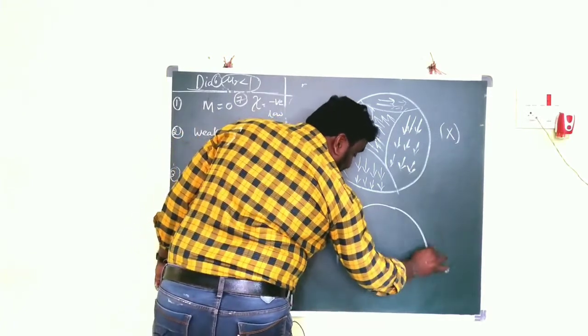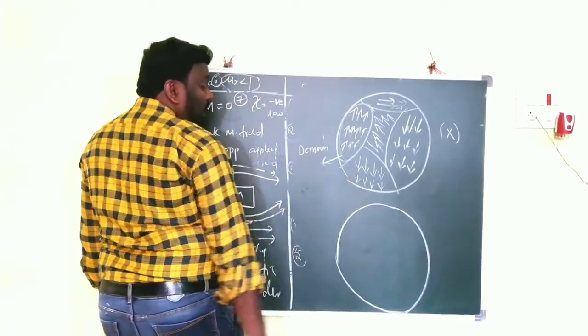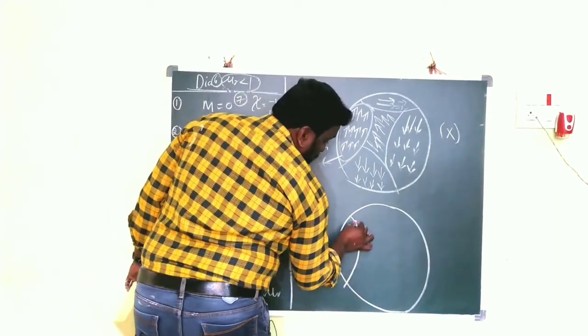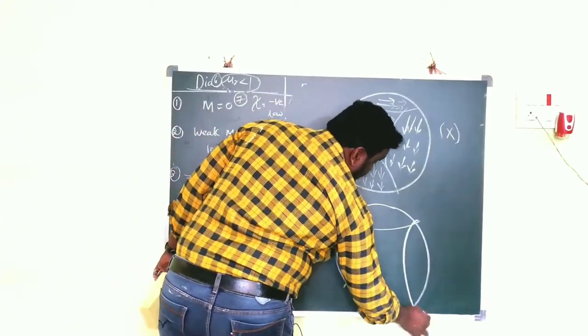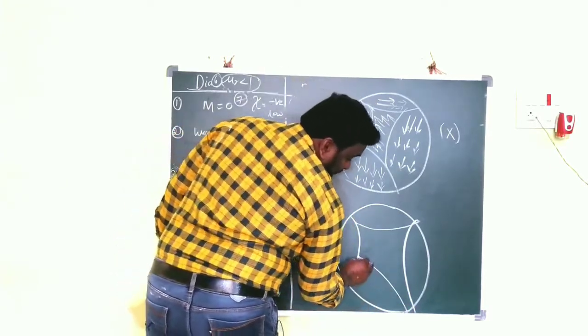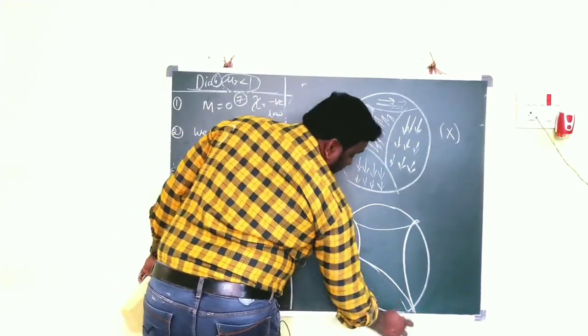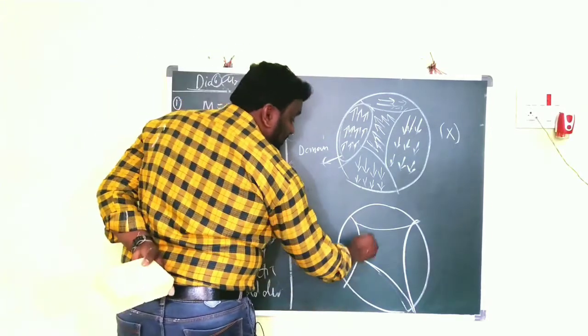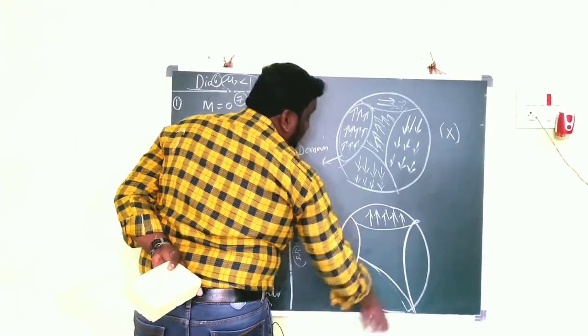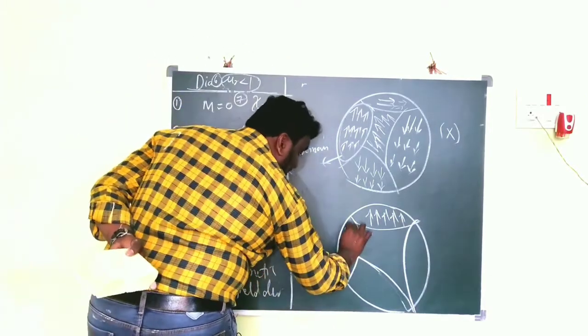And when we apply some external magnetic field, how are the domains? Let's go for once. Same domains, I am going to draw the same domains here. In this case you have to observe that all domains are coming into the same direction. Clear?